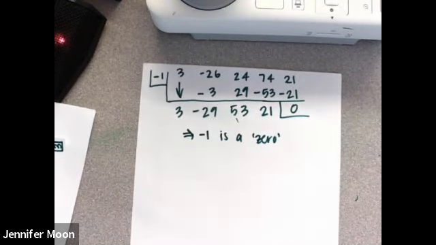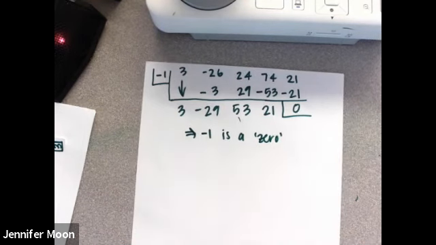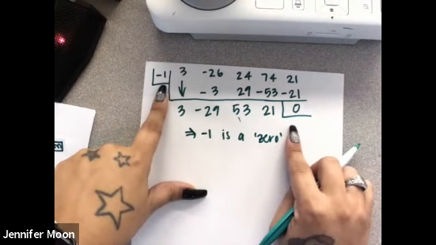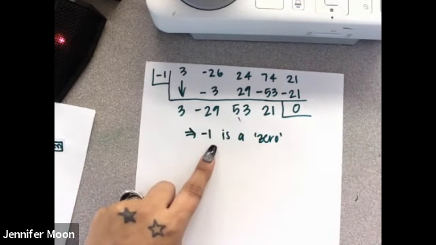I'm not trying to say -1 is 0, right? Upper level maths probably prove that because, you know, math is crazy. But as far as this section is concerned with synthetic division, trying to find zeros, if you divide by a number and your remainder is 0, that number is a zero. That's what it's called, okay?